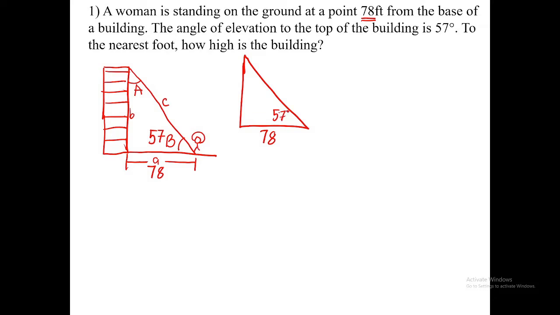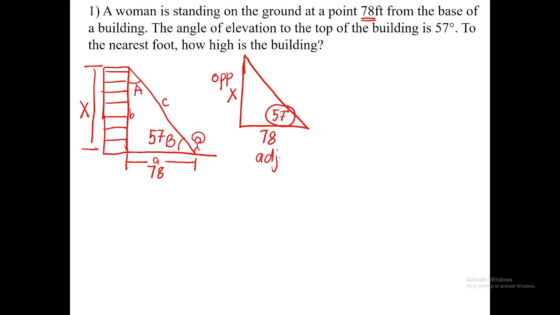Now, to the nearest foot, what we are looking for is the height of the building, which is X. Let's identify now. What is X with reference to 57? Opposite, adjacent, hypotenuse. Opposite. What is 78?